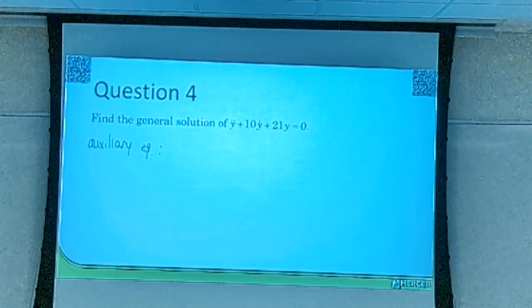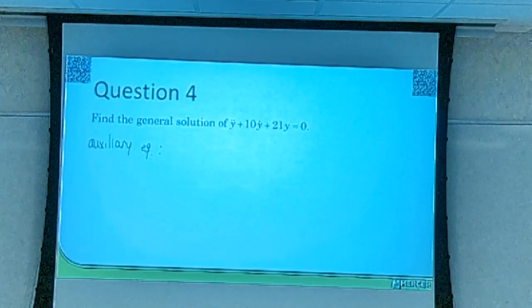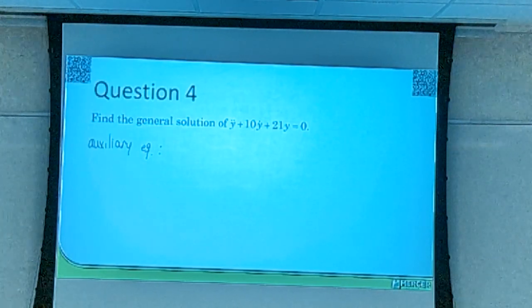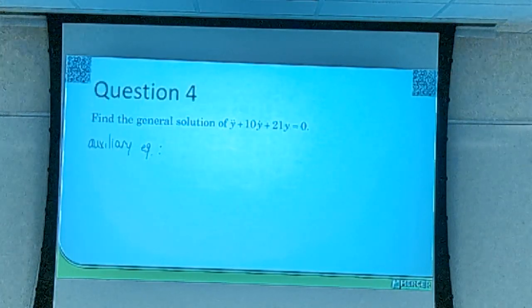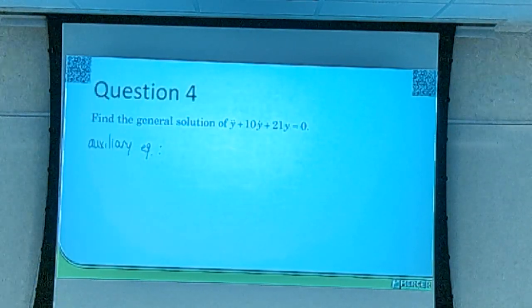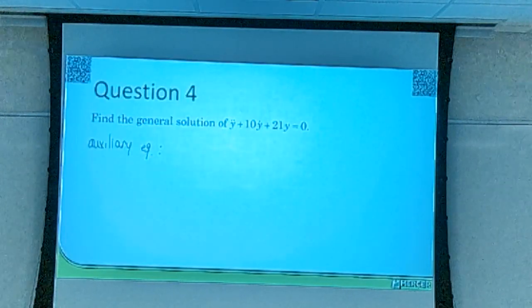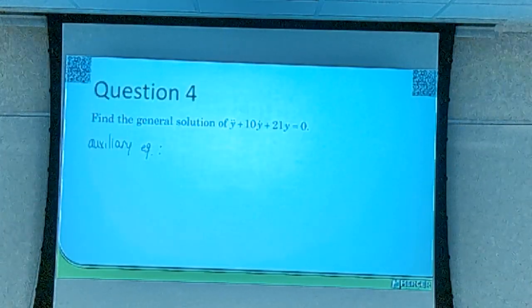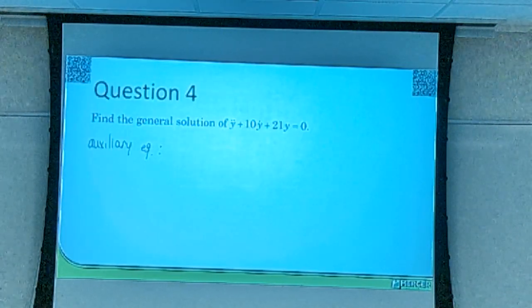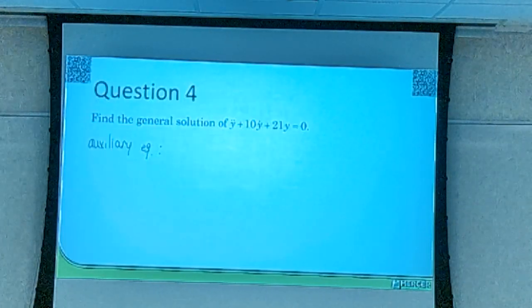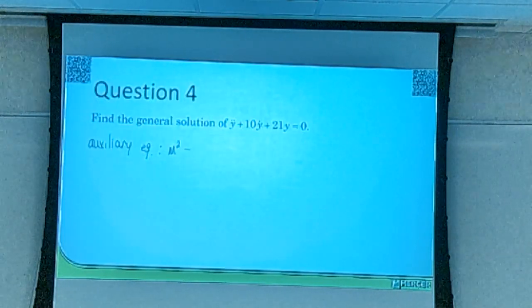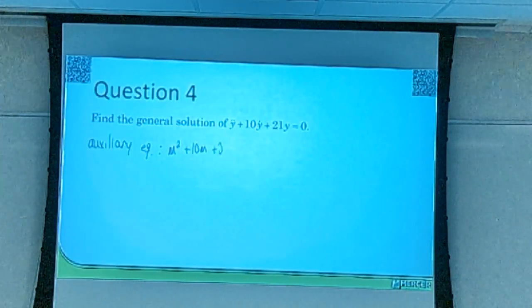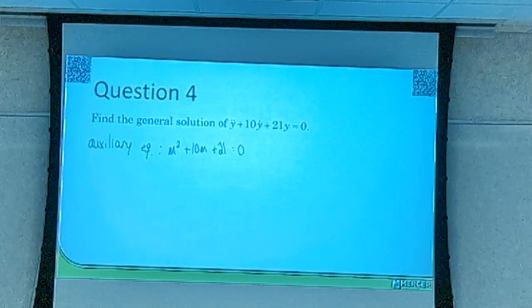It's the auxiliary equation here. m squared plus 10m plus 21 equals 0. Can that be factored?